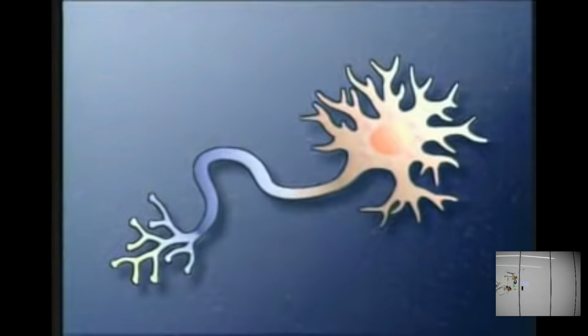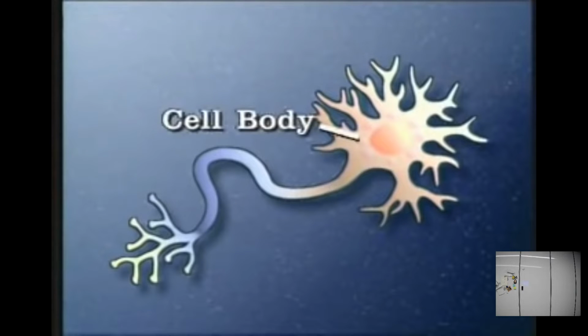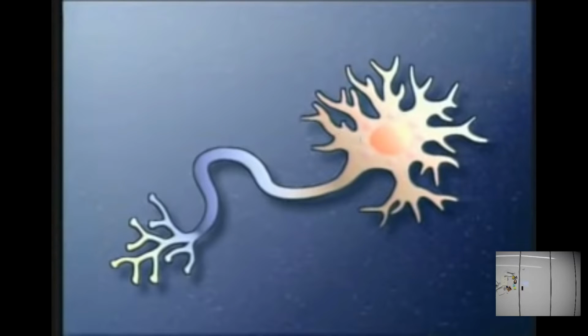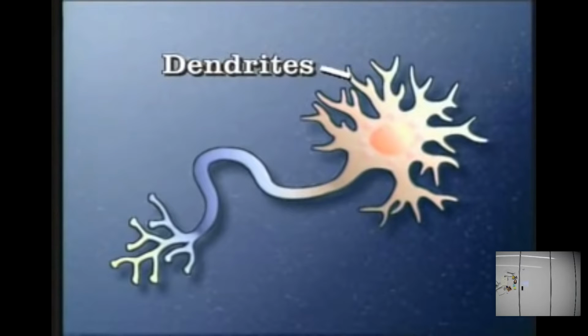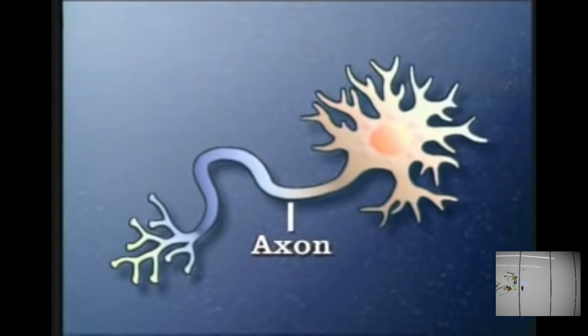The architecture of nerve cells varies according to what function they serve, but all have the same basic design. Each consists of a single cell body which contains the cell's nucleus. Branching out from the cell body are fibers of different lengths called dendrites. There is also a single long fiber called the axon.